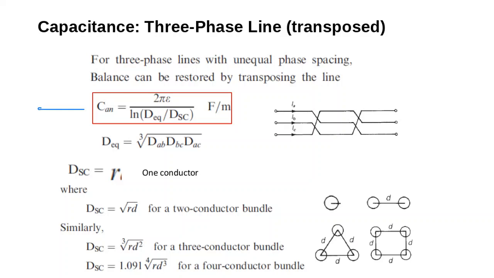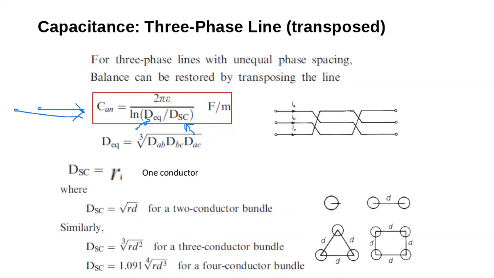This is your result: the equivalent distance over DSC. SC means this is the radius for the capacitance. Regarding capacitance, DSL is the geometric mean radius of the inductance, and DSC is the geometric mean radius when we calculate the capacitance.